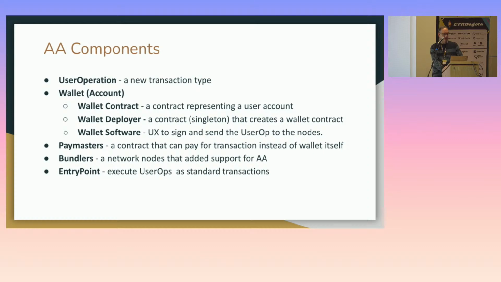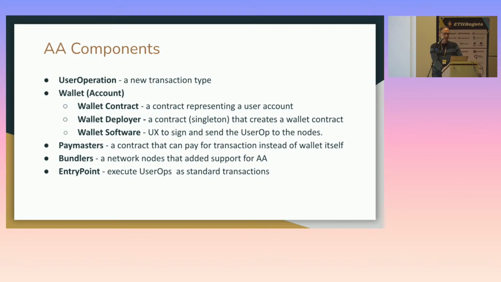And the wallet software, the UX, we see either browser extension or other software that shows the UX, the transaction to the end user, and lets them sign the transaction. It has to know the contract signature, of course, to sign using the right signature. The next component of our system are the paymasters, the contracts that can pay for transactions if they want.